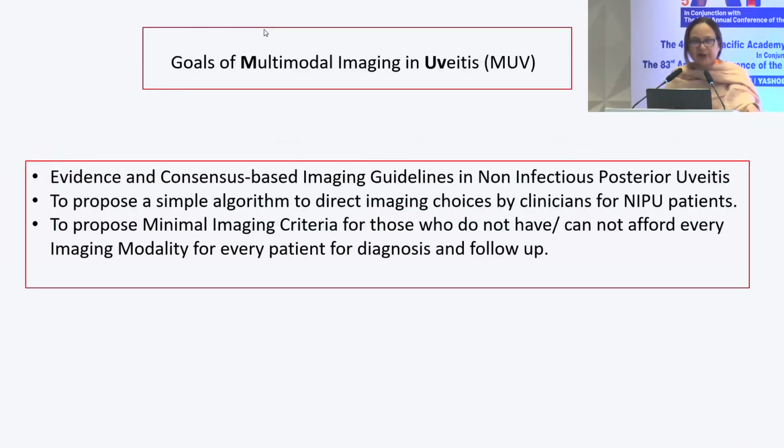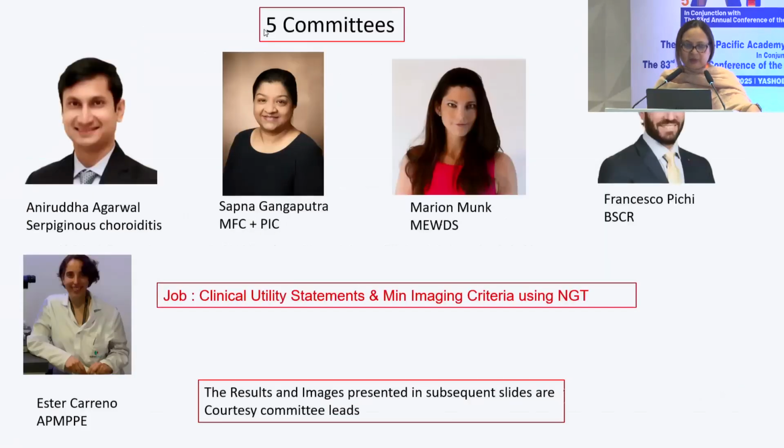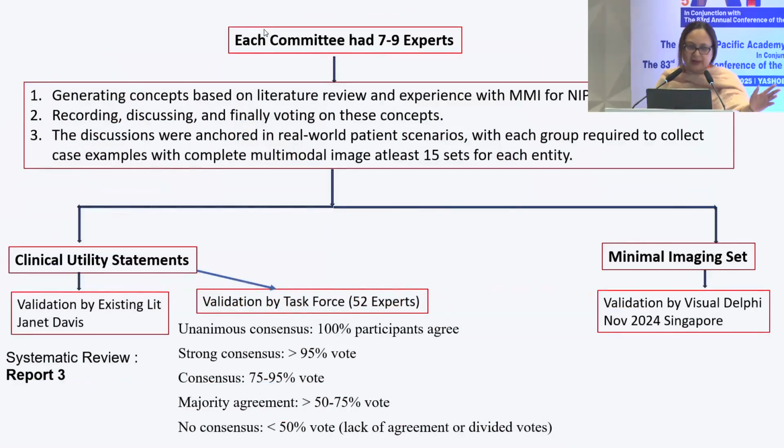It was a complicated process, and I'm not going to talk about how we did it because Sapna has explained it beautifully, and this is how we decided. So we had committees. Each committee was given 2 tasks. One is to generate the clinical utility statements. For example, what is the role of ICG in multifocal choroiditis?